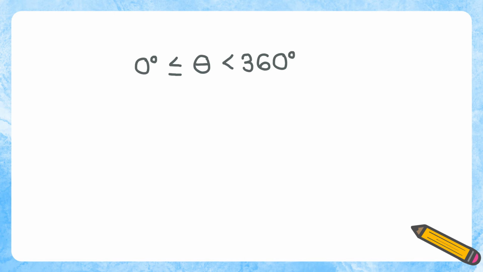So in general, when you're asked to find a coterminal angle of a given angle, you want to give an angle that's between 0 and 360 degrees because that's what we're used to seeing. And again, theta just represents an angle.